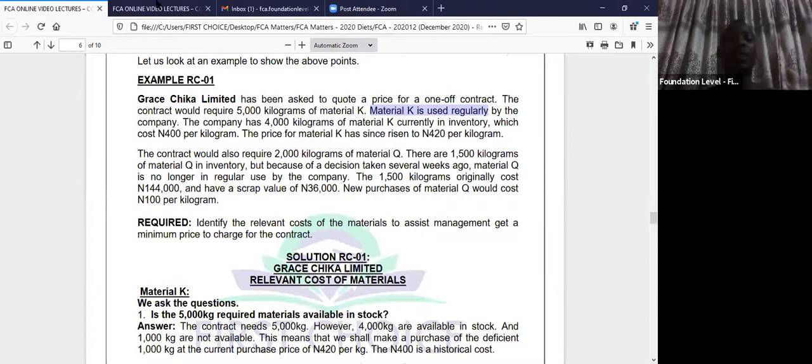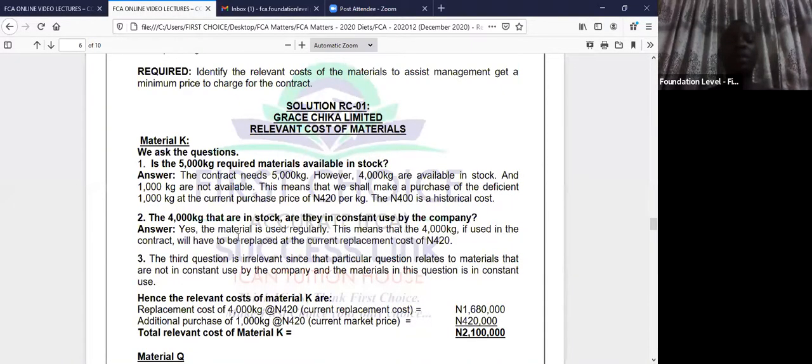That's the key word. What does it imply? It implies that this 4,000 kg lying in the store, since it is used regularly, as you are using it to do this contract, you have to replace it.